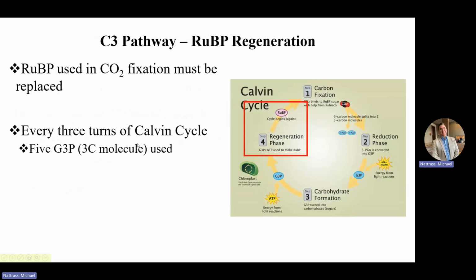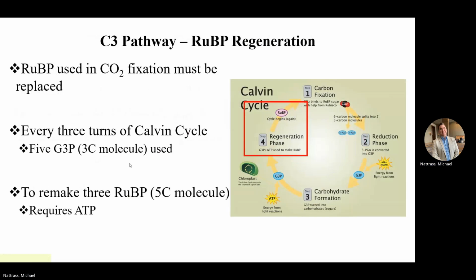For every 3 turns of the Calvin cycle, how many G3P molecules will be used? In order to remake 3 of these RuBP, because we're doing 3 turns, we need 3 more RuBP. We're going to require that ATP. So ATP and G3P are the regeneration phase of RuBP.